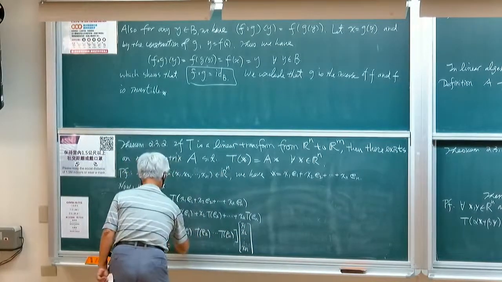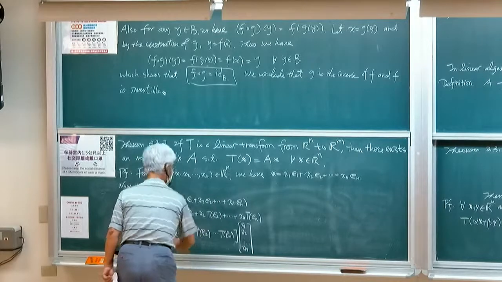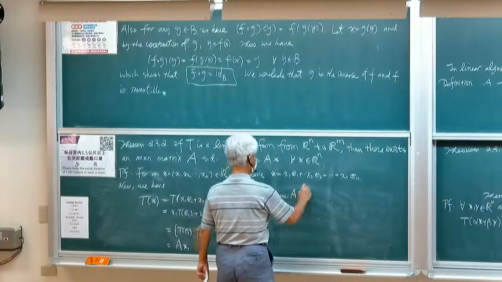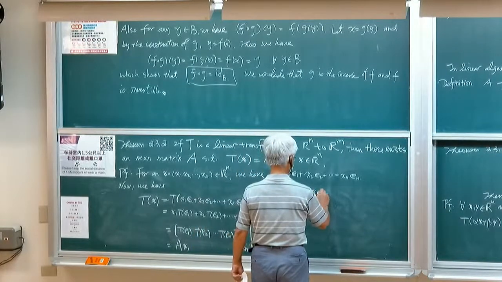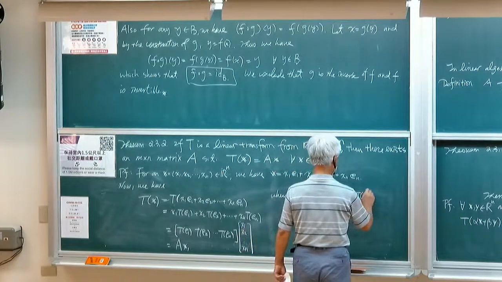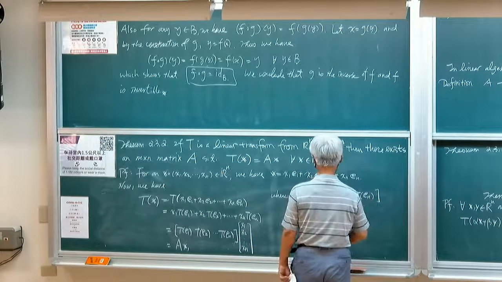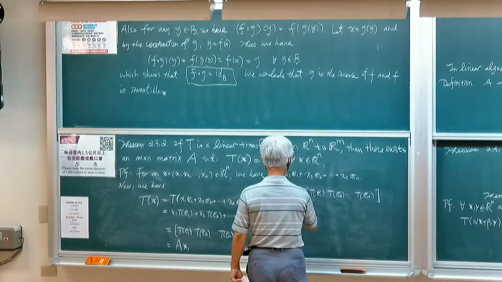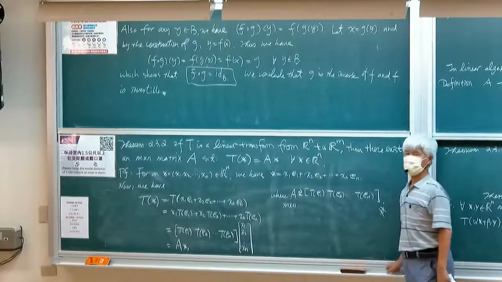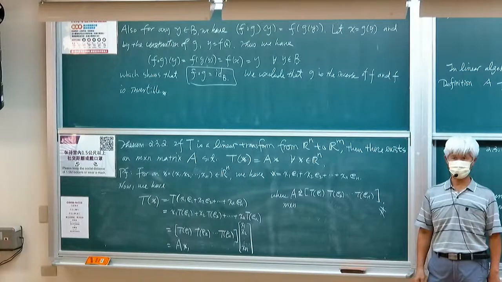And then this is Ax, where A is defined to be T e1, T e2, up to T en. So this is an m times n matrix. And we have done. This is the end of the proof.